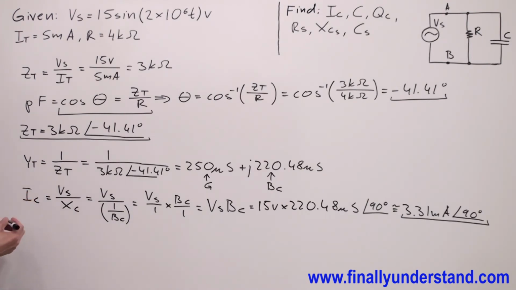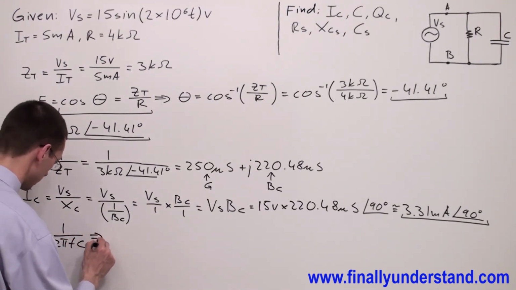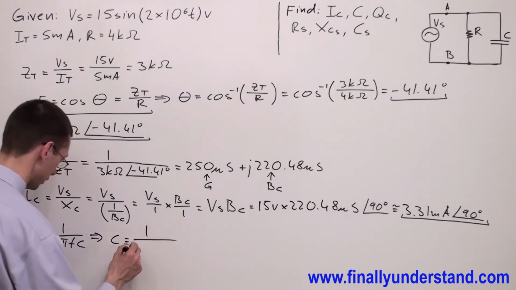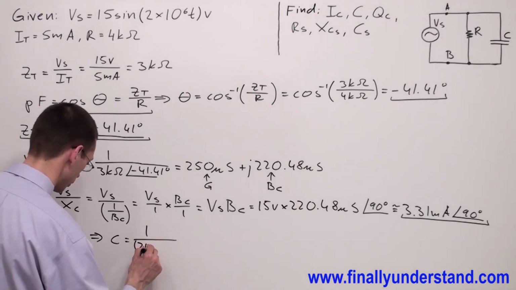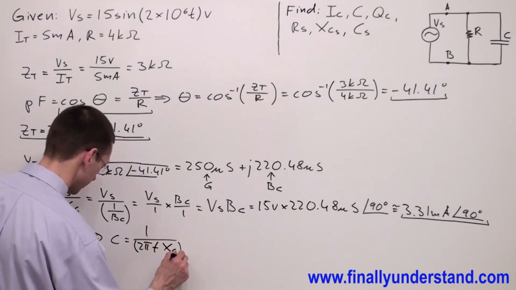Again, you're supposed to realize that we have a formula for X of C, which is equal to 1 over 2 pi f C. We're supposed to solve this formula for C. So we write that C is equal to 1 divided by, open parenthesis, 2 pi f times X of C.